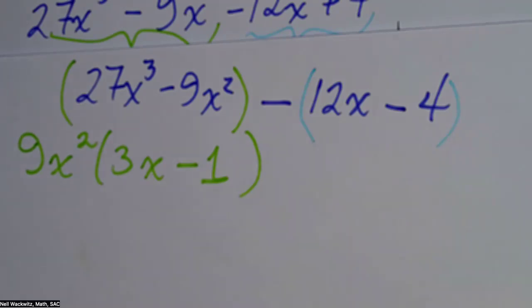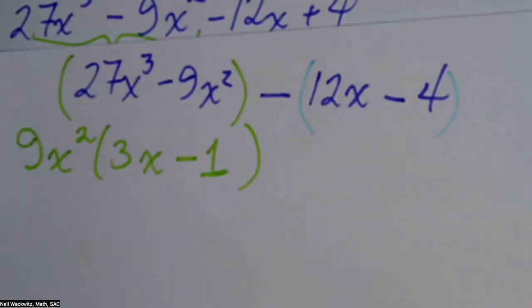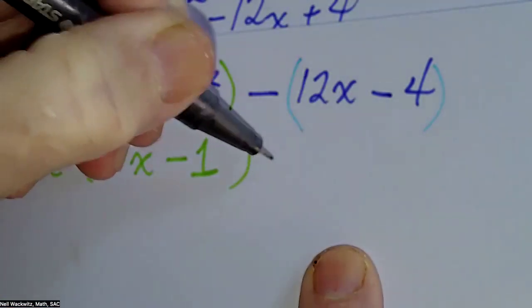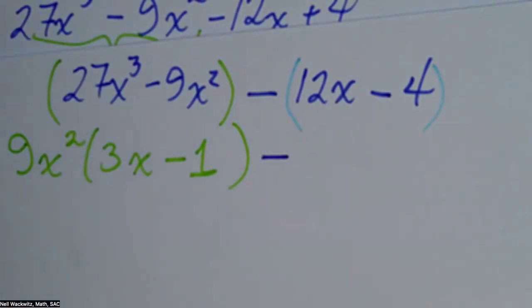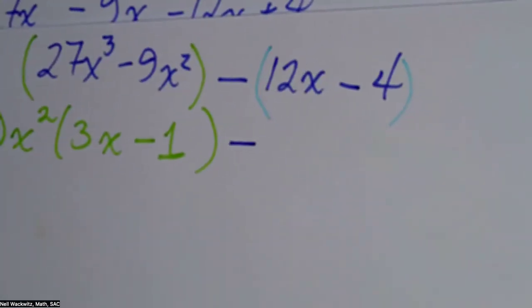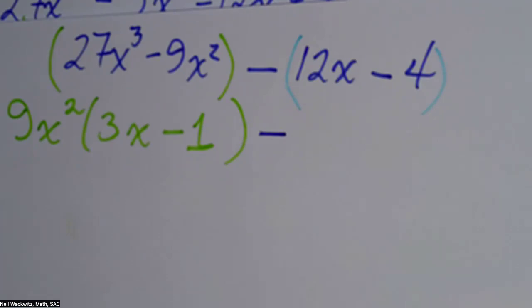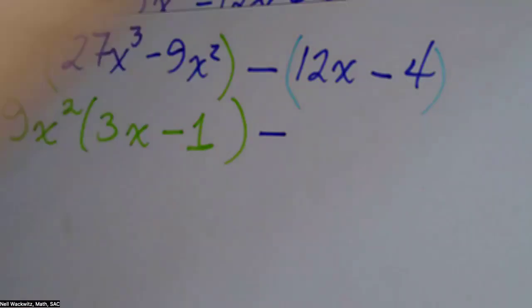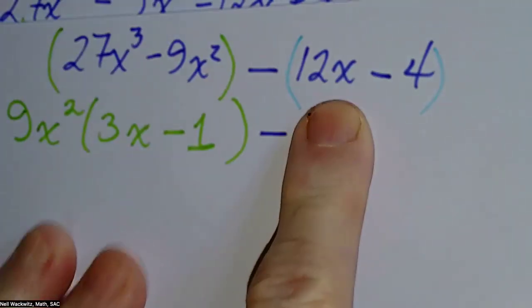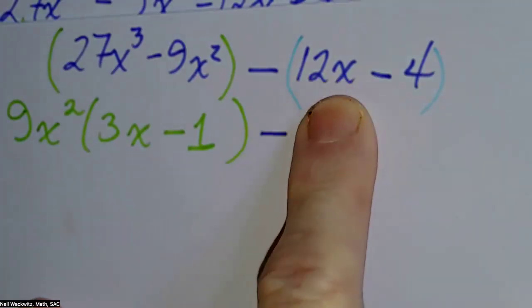Okay. All righty. Now let's look at the next two terms. What is common between 12 and 4? 4. Good. And we've got 1x on the 12x term.